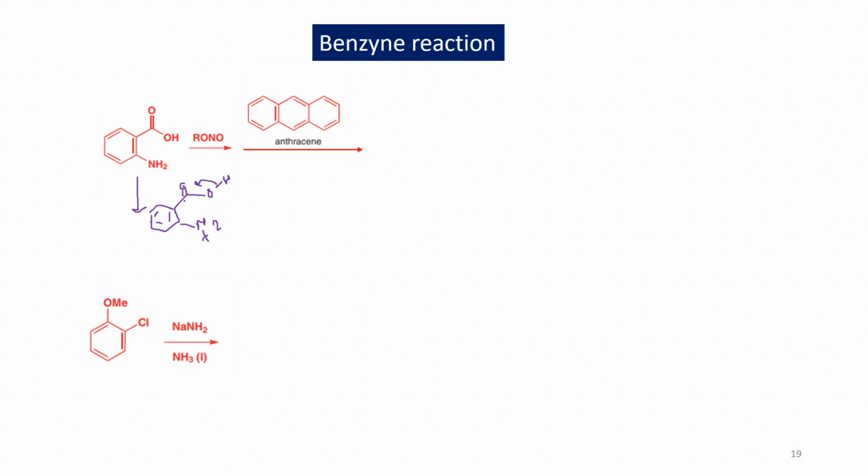This comes here, forming benzyne. Now this benzyne will react with one of these double bonds. Suppose this is already aromatic, so this will not react. Now among these two dienes, one of them will react. Now suppose this one reacts, a double bond comes here.